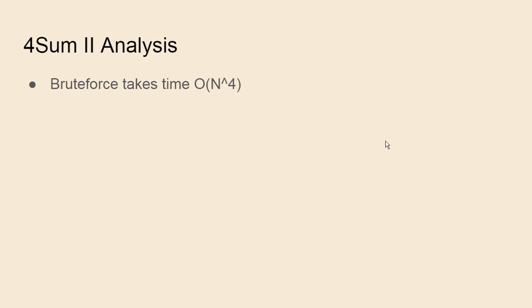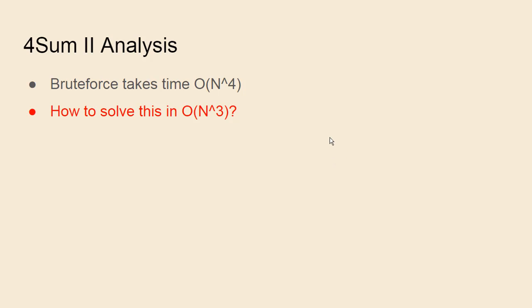As we mentioned, brute force takes n to the 4. Let's first see how we can solve this in n cubed. As you may remember from the analysis of 2-sum nearest and 3-sum nearest, oftentimes sorting helps.